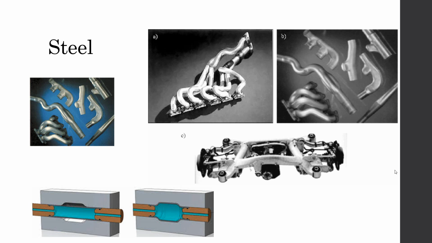Then the sheet is fit in the matrix of the machine. After that, the machine is closed and the liquid enters and starts to generate enough pressure to make the steel sheet take the form of the die, or of the matrix in that case.